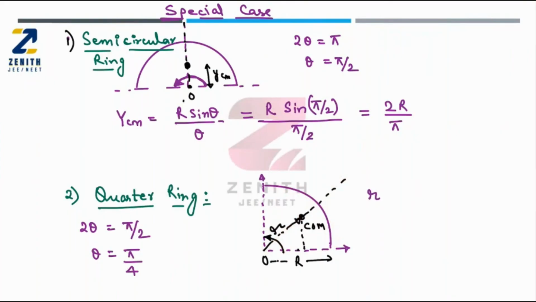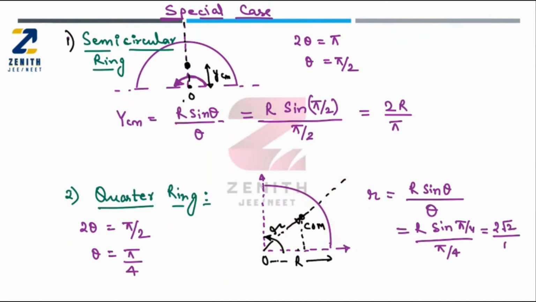Okay, so the R is nothing but r sine theta divided by theta. What is the value of theta? Theta is pi by 4. So once you solve, you will get 2 root 2 divided by pi into r. Very simple. Sine pi by 4 is 1 by root 2 and this is pi by 4. So you can simplify, you will get 2 root 2 r divided by pi. This is basically the center of mass of this quarter ring from the origin.